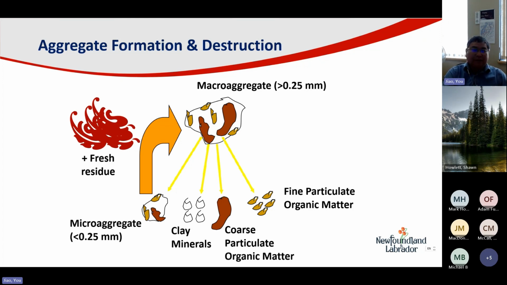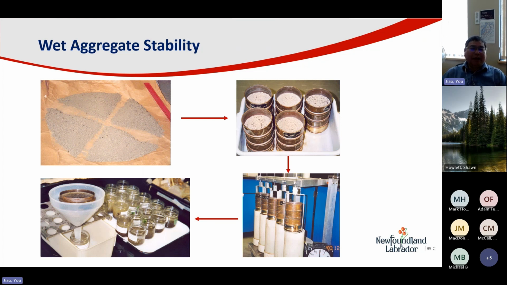This is the formation. And for the measurement, when we talk about soil health, we need to know the wet aggregate stability, how to measure it. This is the methodology used in the lab.